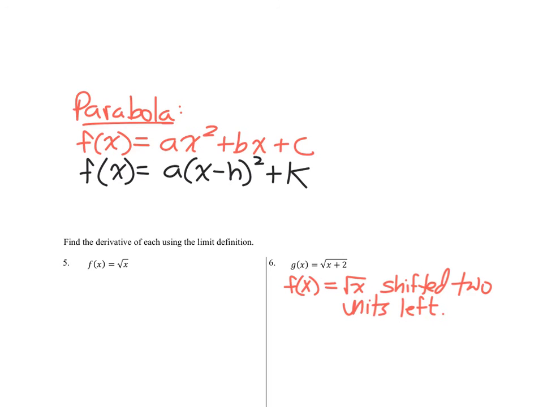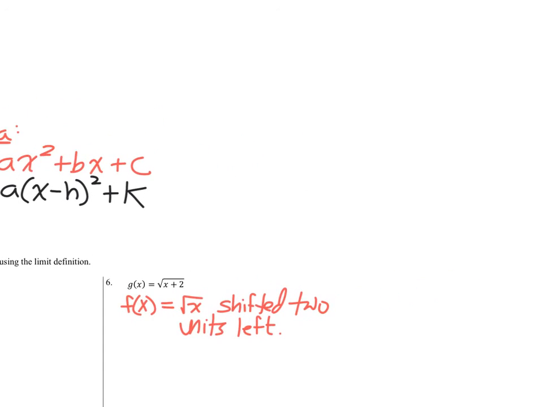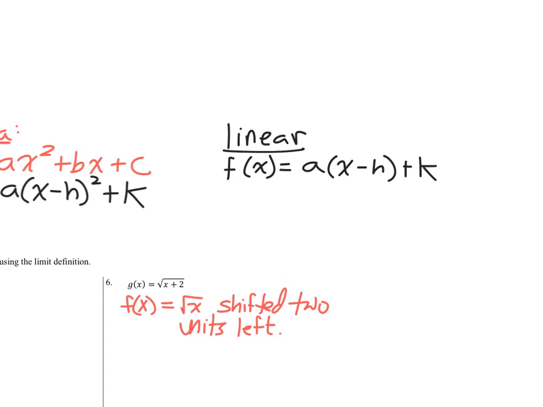The reason why you do it with the h's and k's is because any function could be represented in that form. All right, so you can take a linear equation and write it as f of x equals a times x minus h plus k, so no power there.